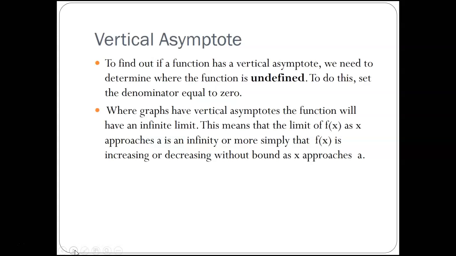We find vertical asymptotes by setting denominators equal to 0. These are the points that are undefined in the domain. Where graphs have vertical asymptotes, the functions have an infinite limit, as we just saw.